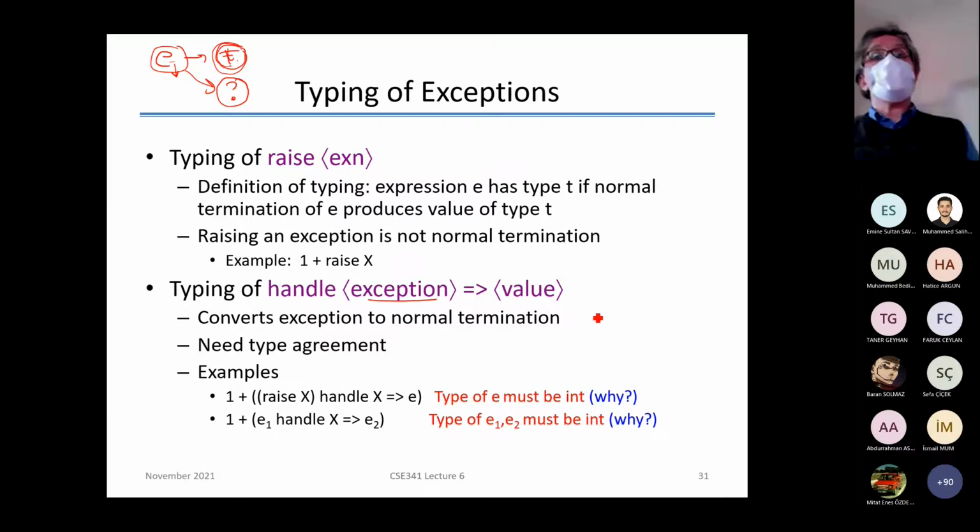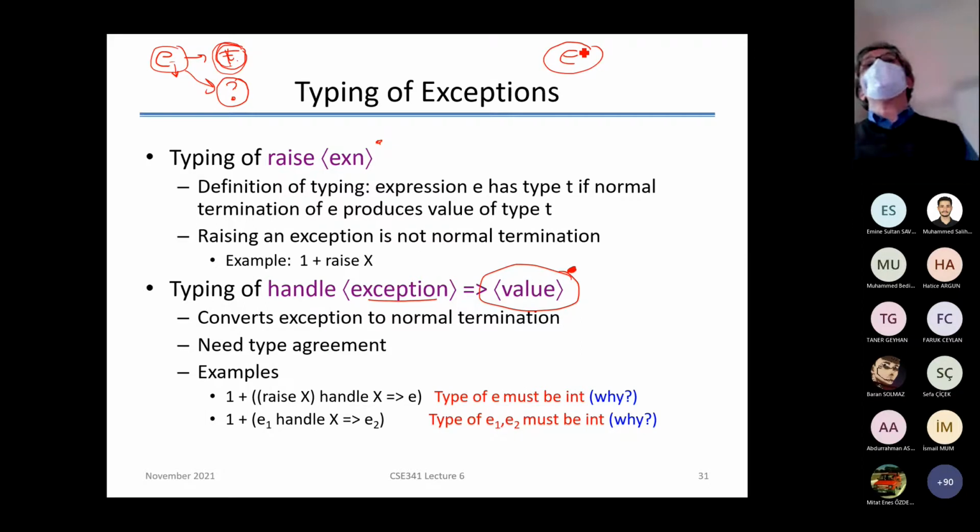Perhaps this value defines your resumption mechanism, but the value type of this thing and this guy needs to be the same. So I can use this expression no matter what, in the usual case as well as the unusual case.